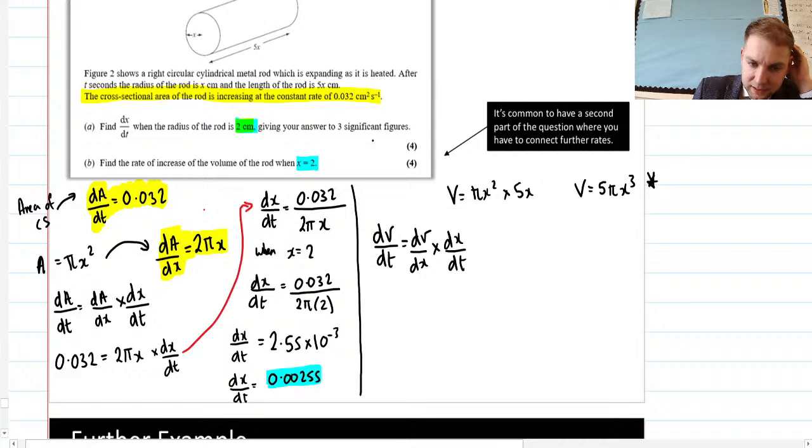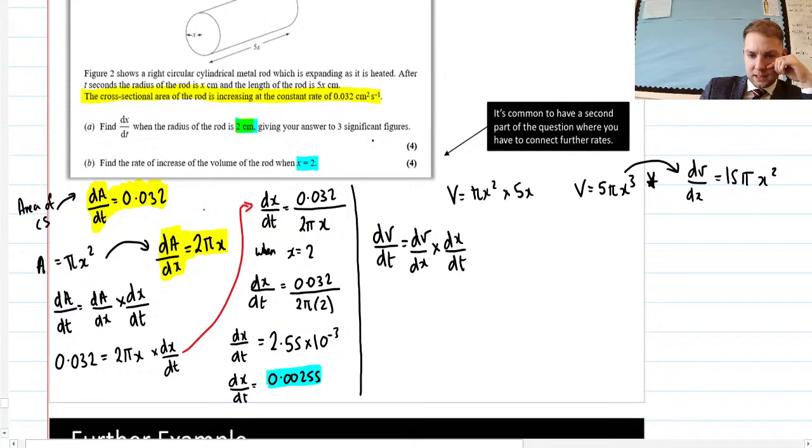Okay, so let's substitute these in now. Actually, before I do that, I do need to work out what dV by dx is. So dV by dx is equal to, bring down the 3, take away 1 from the power, it's going to be 15 pi x squared, like so.